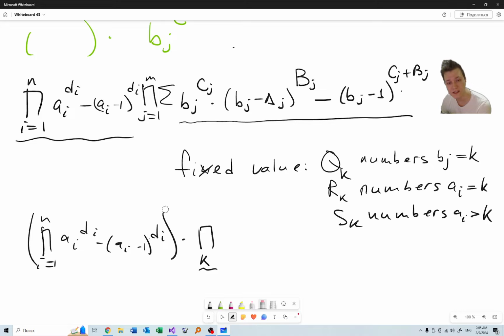For fixed k we can sum over all deltas, which there are k of them.